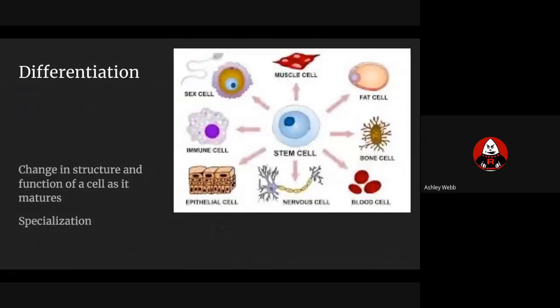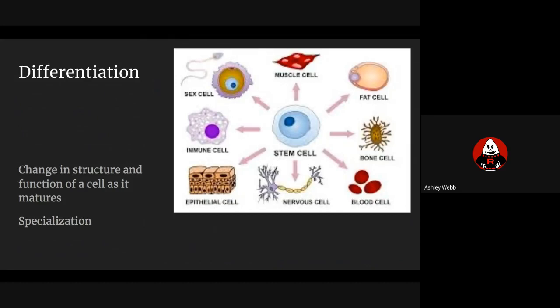The next one is differentiation. It is when cells change as they mature. So an example of differentiation would be the erythroblasts maturing into erythrocytes.